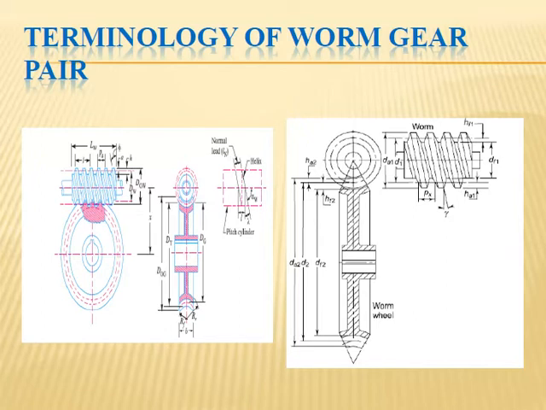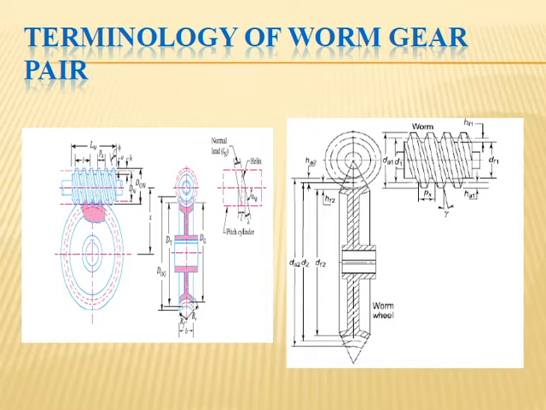Here we have the helix angle, lead angle of the worm, number of starts or threads on the worm, axial pitch of the worm, transverse pitch of the worm gear, normal pitch of the worm gear, lead of the worm, diametral quotient q, which is very important, reduction ratio, center distance, transverse pressure angle, normal pressure angle, addendum, dedendum, face width, the length of the root of the worm teeth, and the length of the worm.